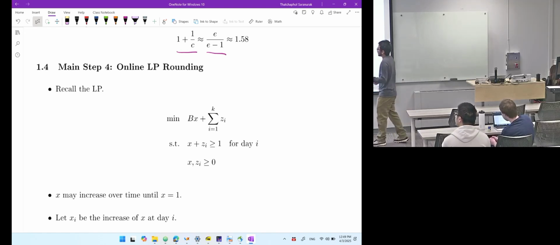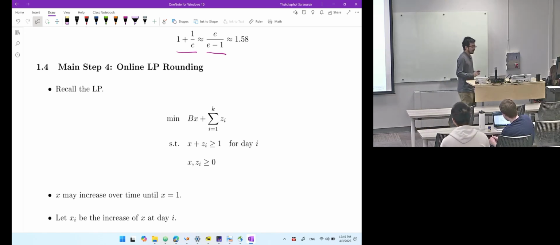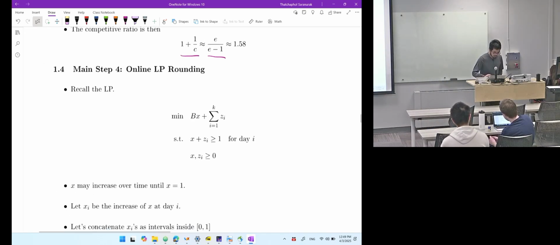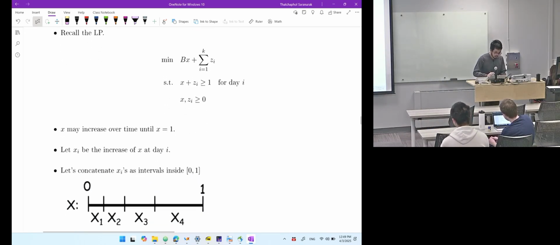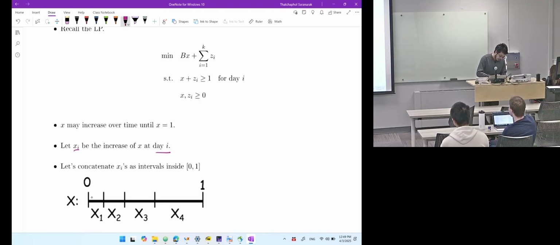Right now, x will just keep increasing over time until x is at least 1. Let me define x_i to denote the increase of x on day i. After day 1, x_1 is this. After day 2, x increased by this much, so this is x_2. After day 3 it's like this.